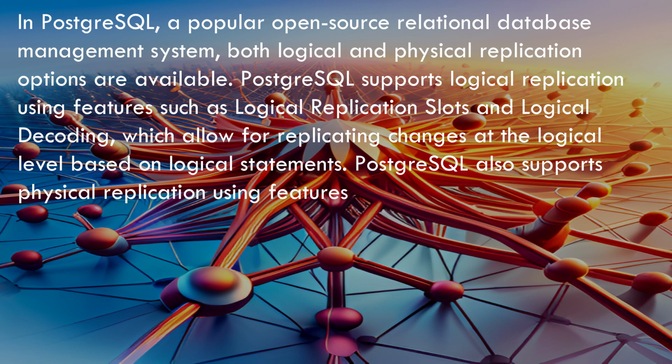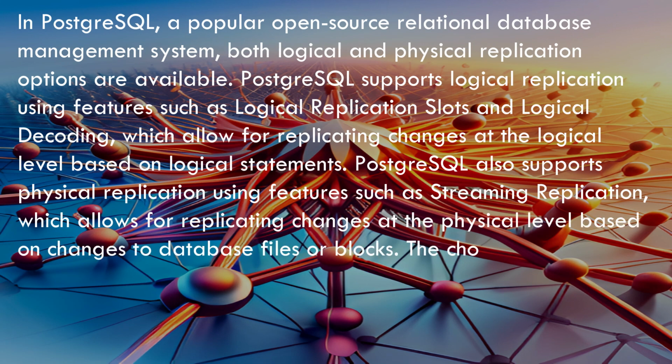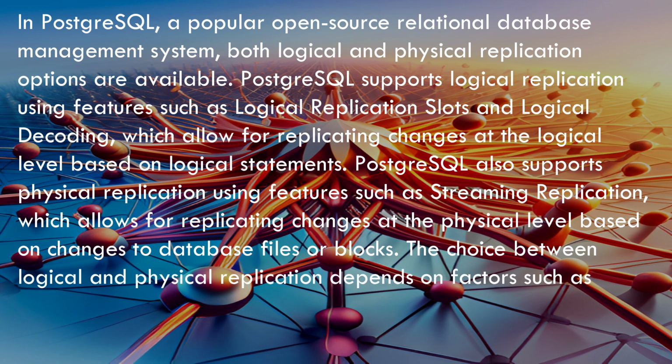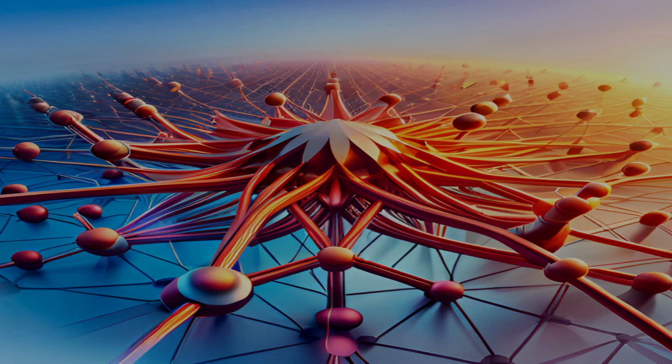PostgreSQL also supports physical replication using features such as streaming replication, which allows for replicating changes at the physical level based on changes to database files or blocks. The choice between logical and physical replication depends on factors such as the specific use case, performance requirements, data transformation needs, and database system version compatibility, among others.